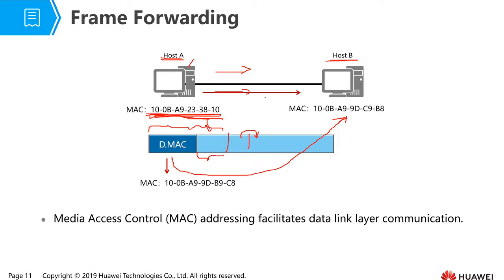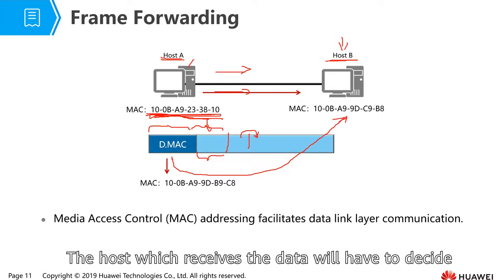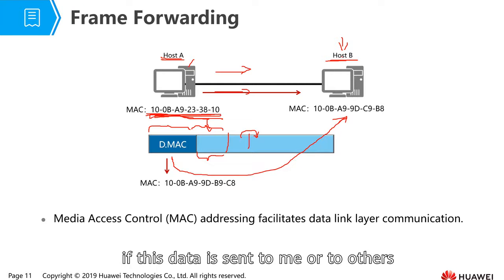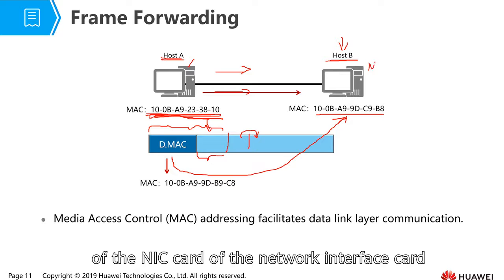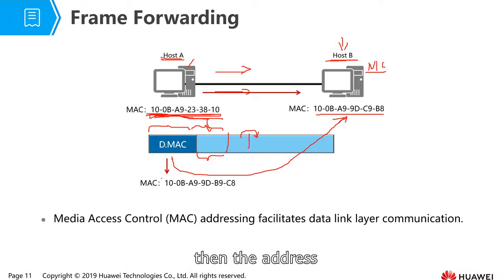Then the host receiving this data will decide if this data is sent to it or to others. It compares the MAC address of its own network interface card with the address in this frame. If it's the same, the destination of this frame is itself. If it's not the same, then just drop it.